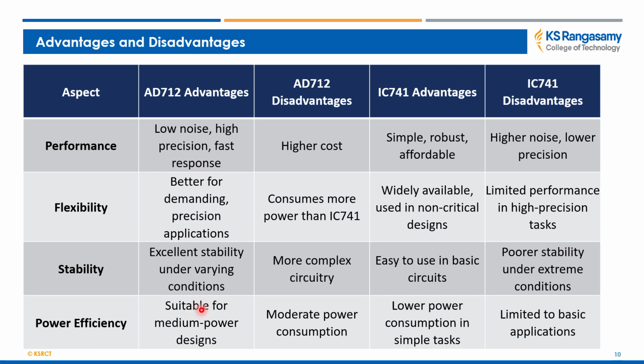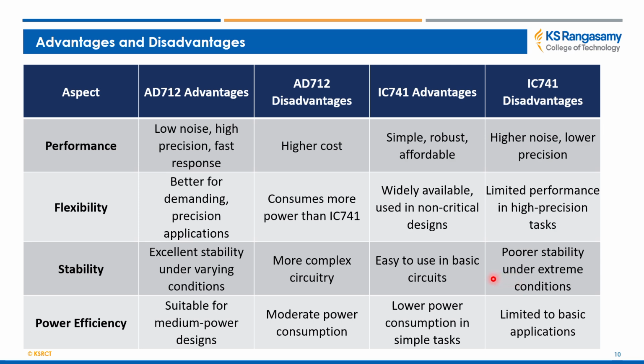Power efficiency: IC741 has lower power consumption in simple tasks and is suitable for medium power designs. AD712 has moderate power consumption, which may be lower or higher, so this is the major disadvantage in power efficiency. IC741 is limited to basic applications.